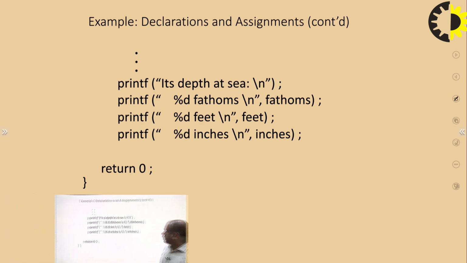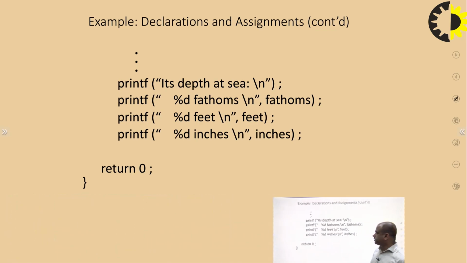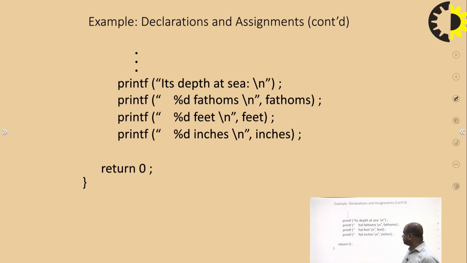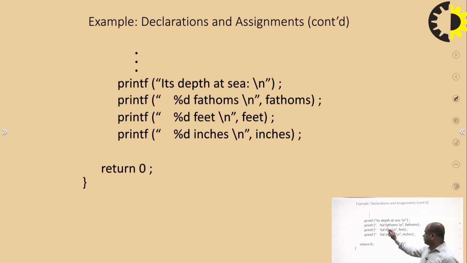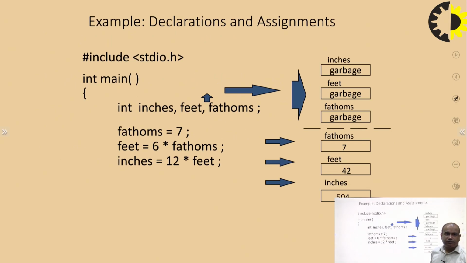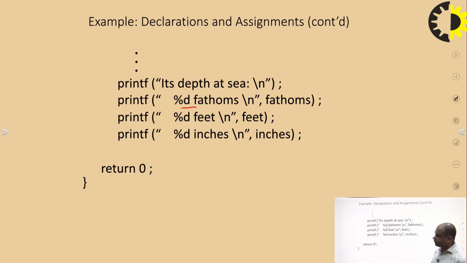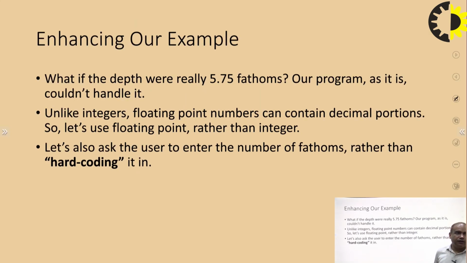So if I use them, for integer I will use %d, %d fathom, next is %d feet, next is %d inches, that represent the value of 7, 6 into 7 and 12 into feet. The value will be given here.